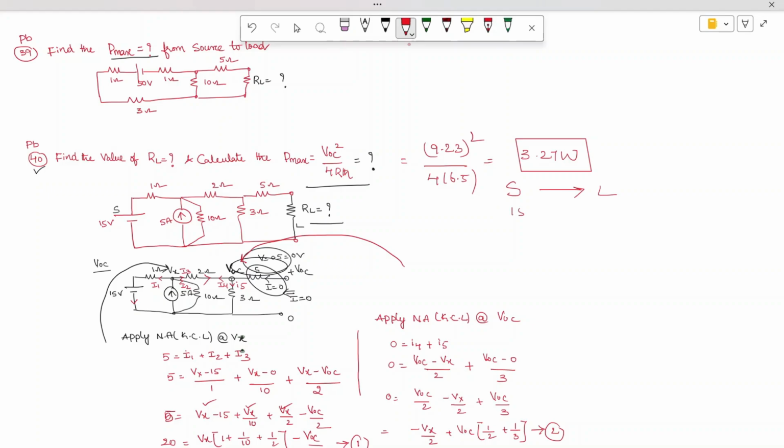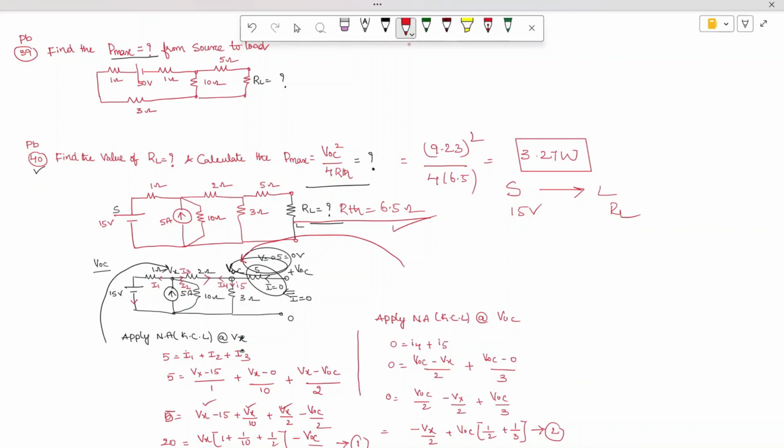So source is 15 volts and load is RL. This is the amount, and he has asked what is the value of RL. RL is equal to R Thevenin, that is equal to 6.5 ohms. Whenever the load resistance is equal to source resistance, 6.5, then the maximum power transfer will occur. So hope you are able to understand.